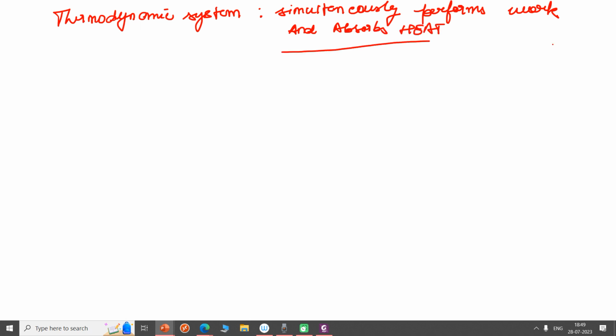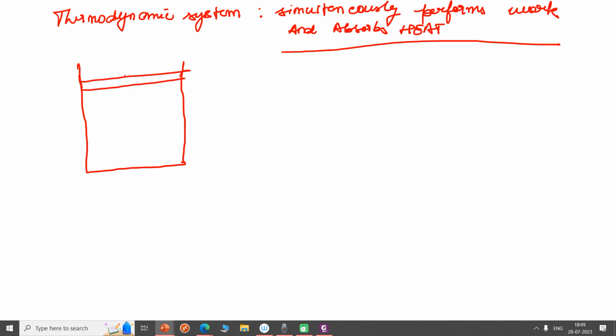For example, let's say we just have a basic piston containing ideal gas. It's a simple system, and we have some weight on this. This is my pressure, this is my volume, and we have a temperature. So this is a simple system: gas in a cylinder.